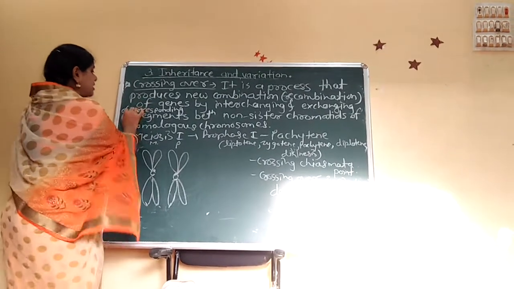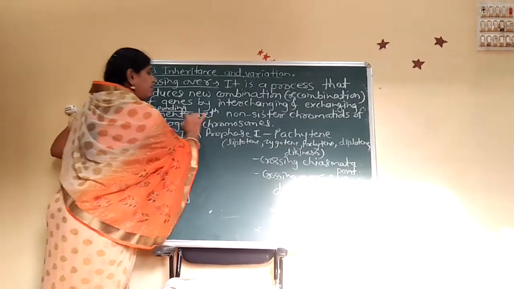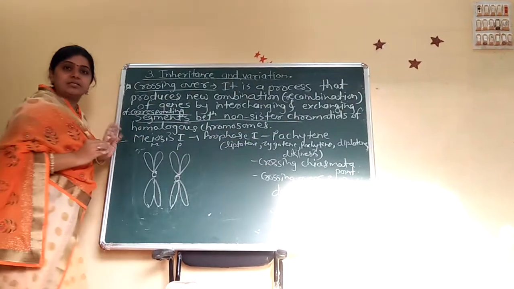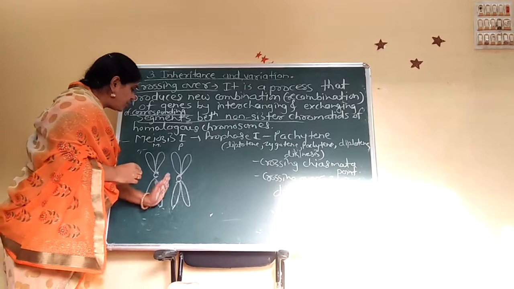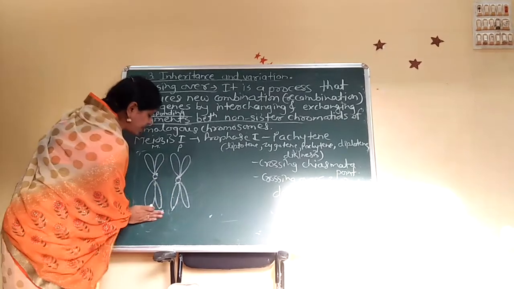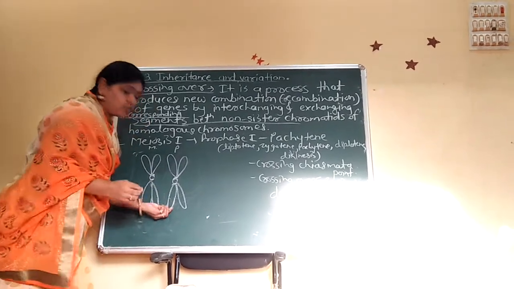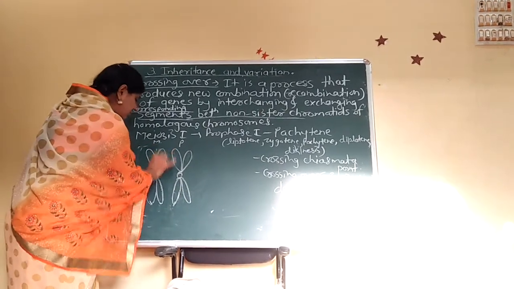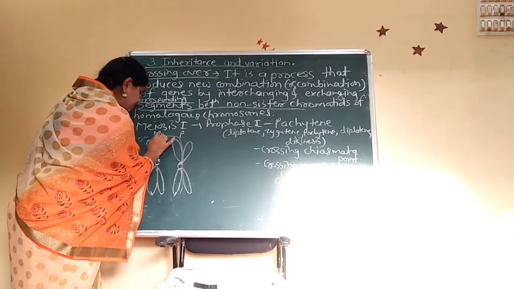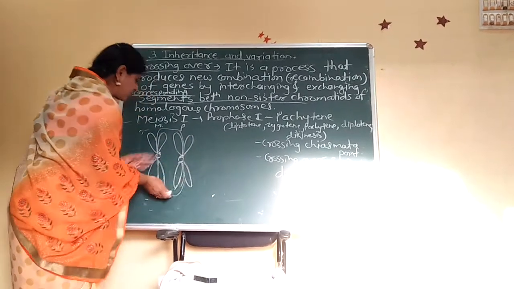The key phrase is the corresponding segment between non-sister chromatids. Corresponding segment means the segment of chromatids which are close to each other. Crossing over takes place in these sections, in these chromatids.